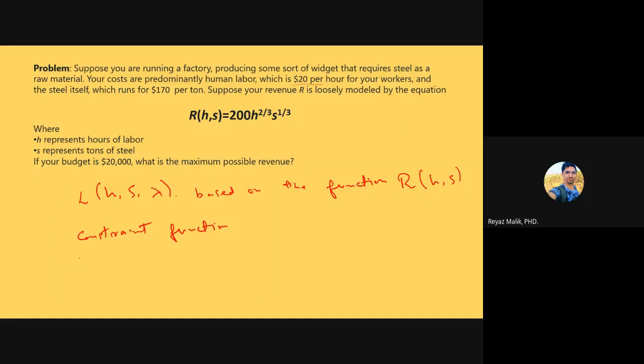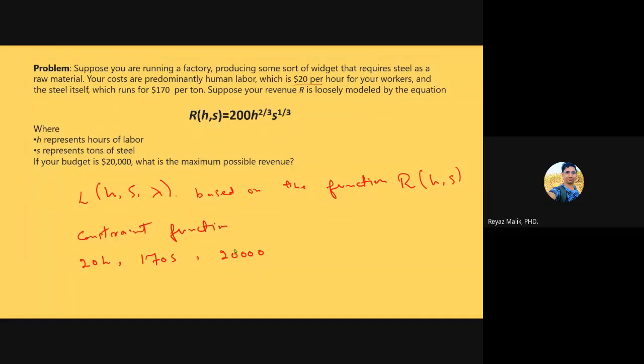So we have $20 per hour of labor, and we have $170 per ton for the steel. Correct? And we have the budget of 20,000. These are the three inputs or three given things.